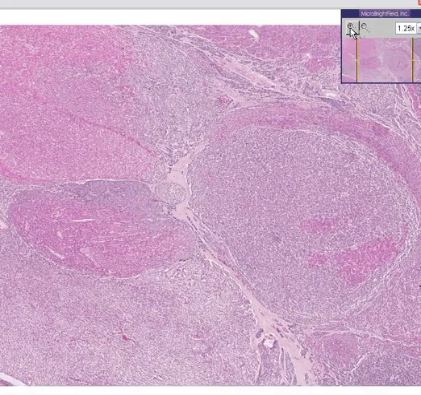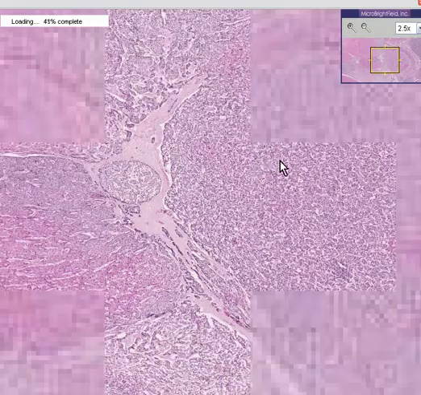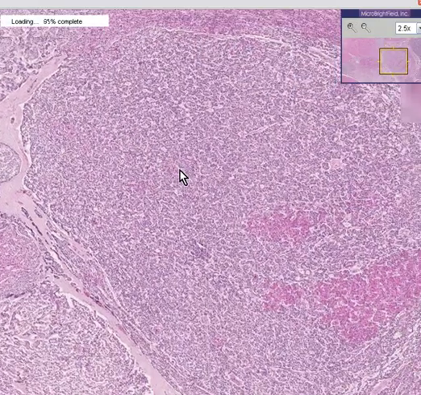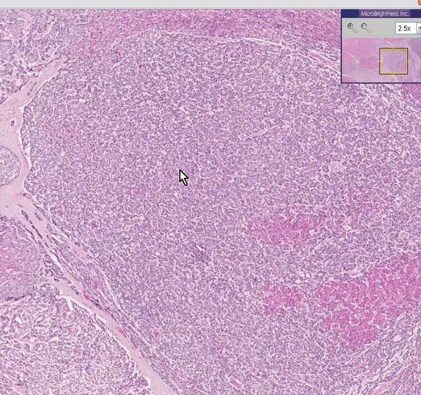hyperparathyroidism. Well, primary hyperparathyroidism occurs whenever there is an increased amount of parathyroid tissue, like hyperplasia or neoplasm.